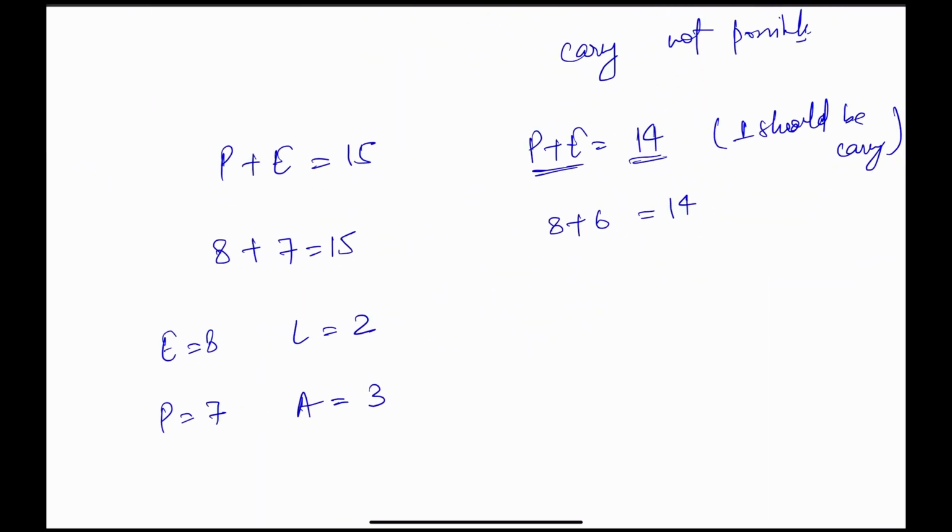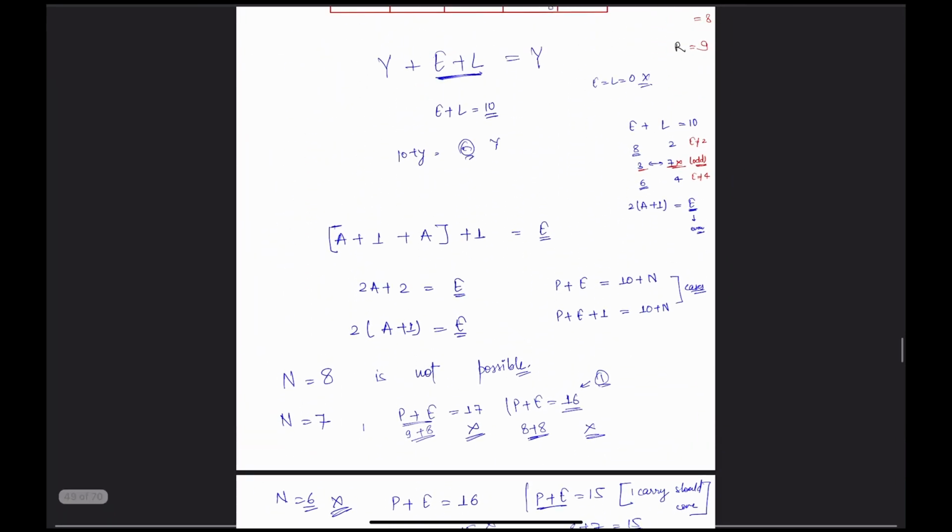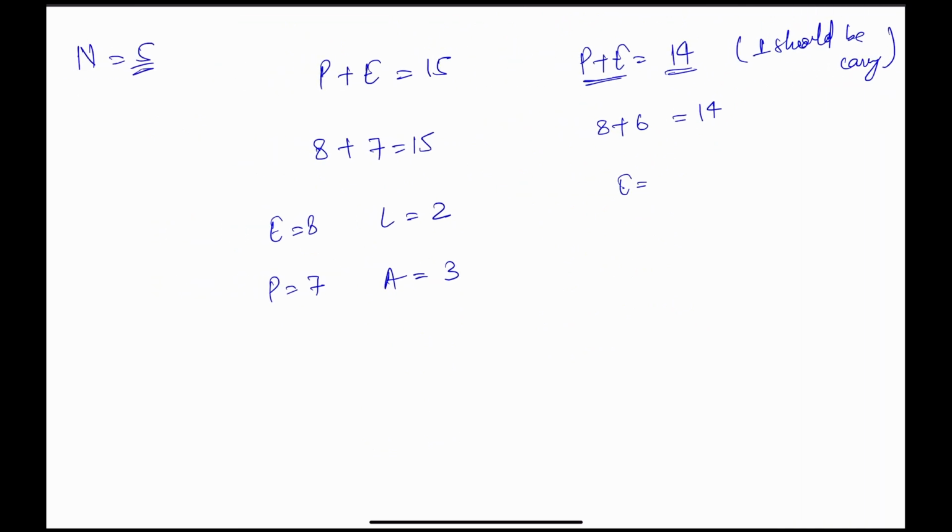Another value 9 is already taken, so 8 plus 6 is the only possibility, and e can be 6 or e can be 8. Let's solve this one first: if e is 6, then p will be 8, l will be 4 and a will be 3 or 2, because 2 times a plus 1 equal to e.